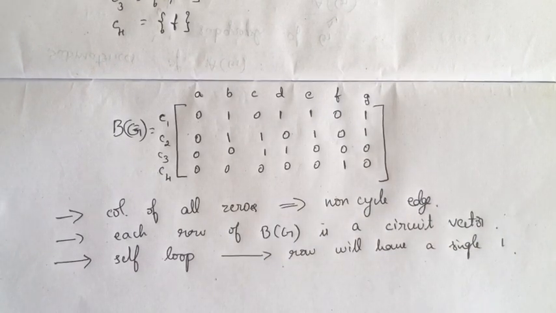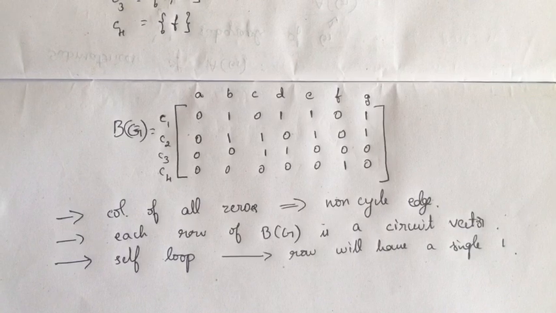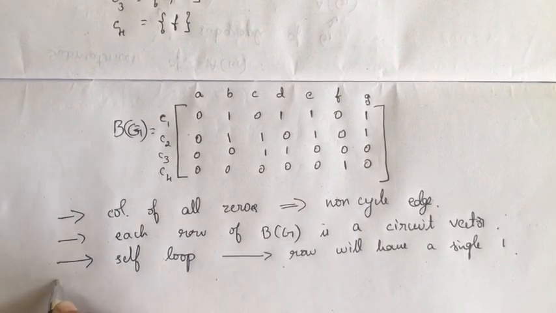The number of ones in any row is equal to the number of edges in the corresponding cycle.